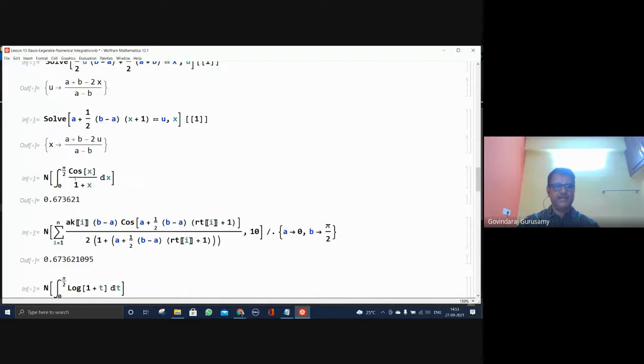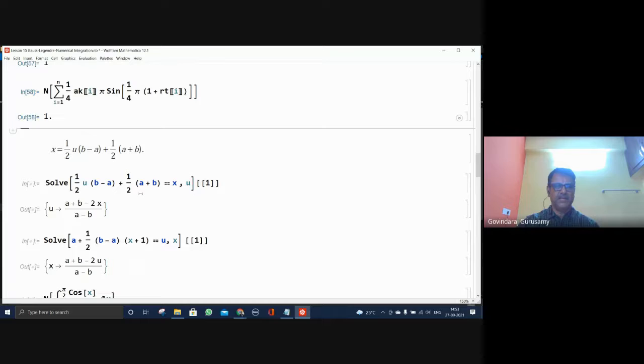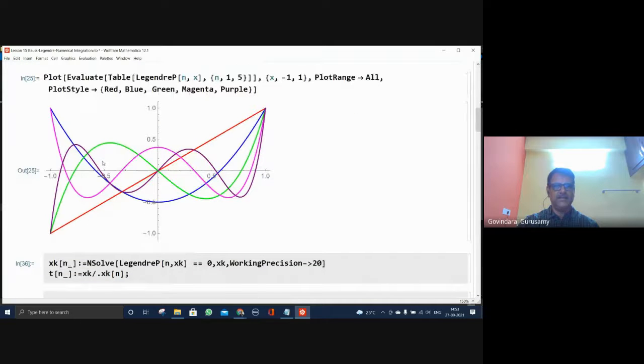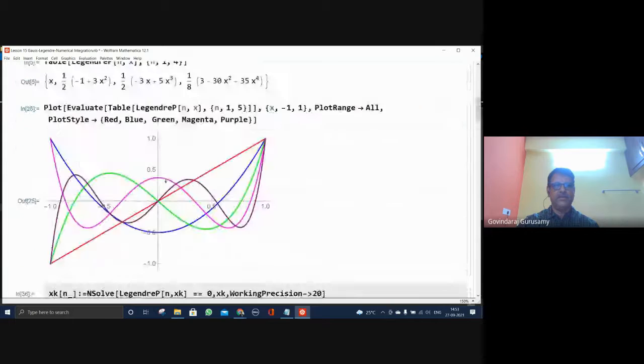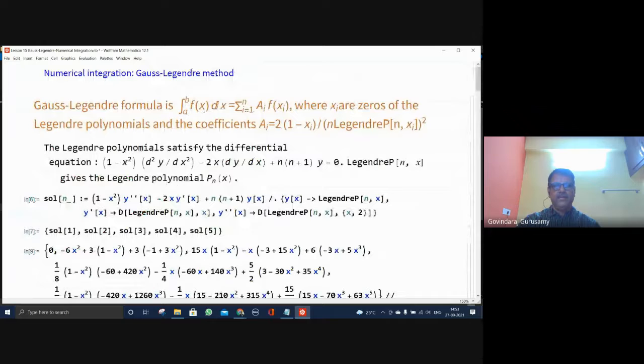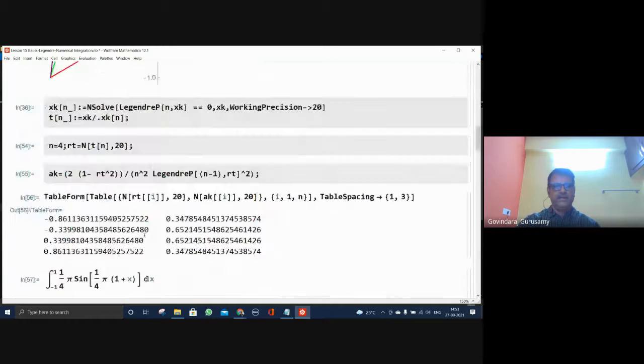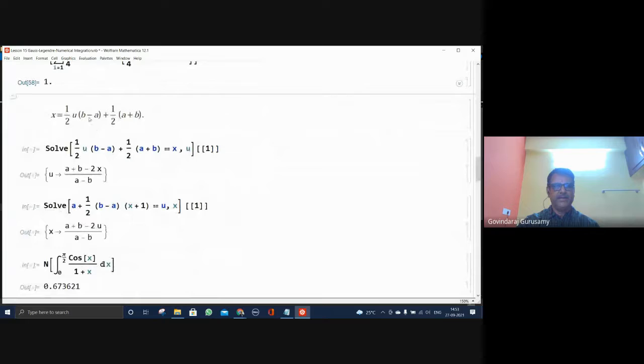Next integral is cos of x divided by 1 plus x. Please note that you have to make this transformation of the limits. Why? Because this is limited to this a and b, whatever the value that you have. If I make this transformation, the limits automatically go to -1 to +1.